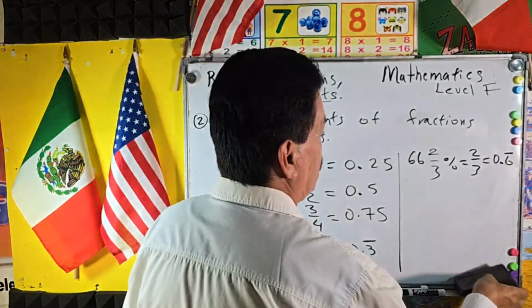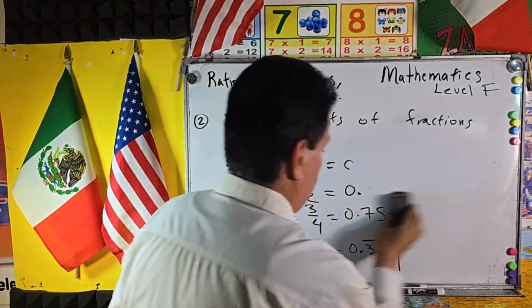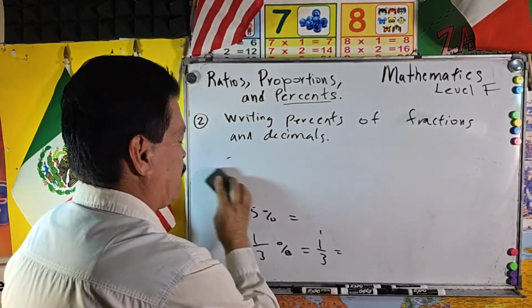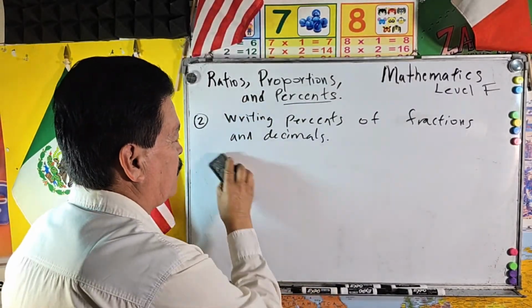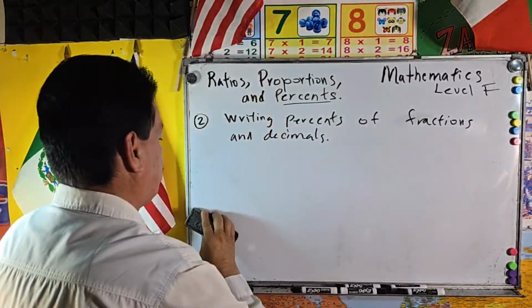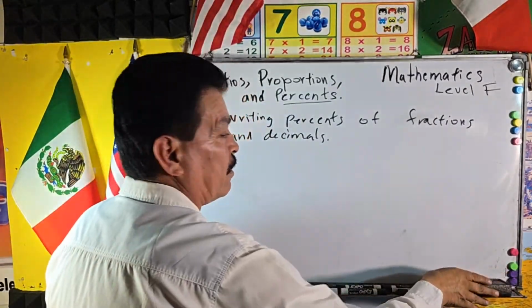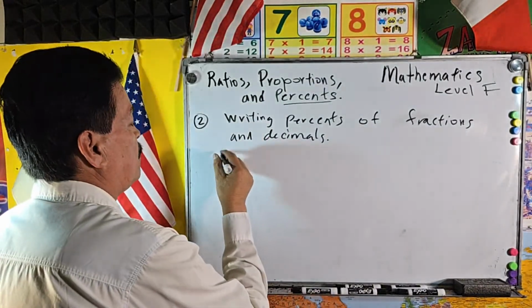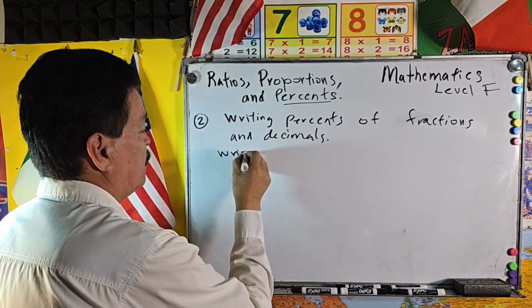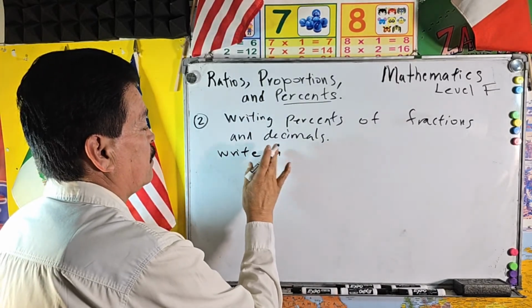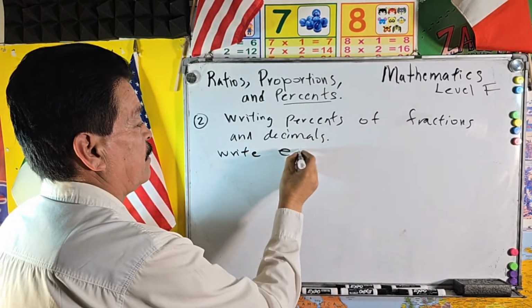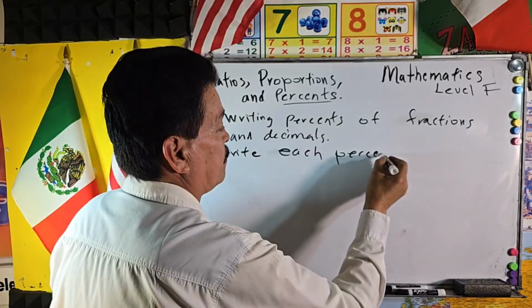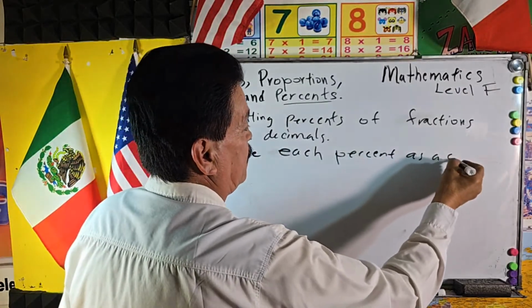All right. Let's solve some problems in this section. Maybe you get confused here. It's a little complicated, but it's not. Let me write some questions here. Write each percent as a decimal.